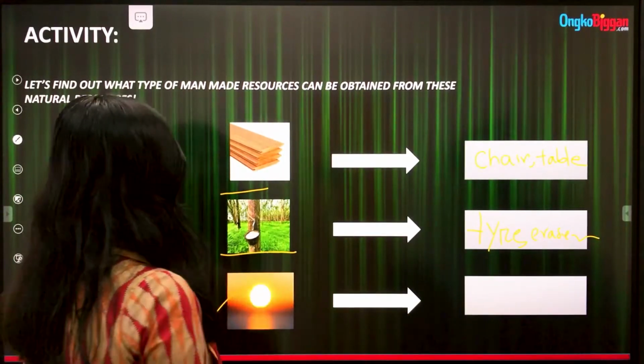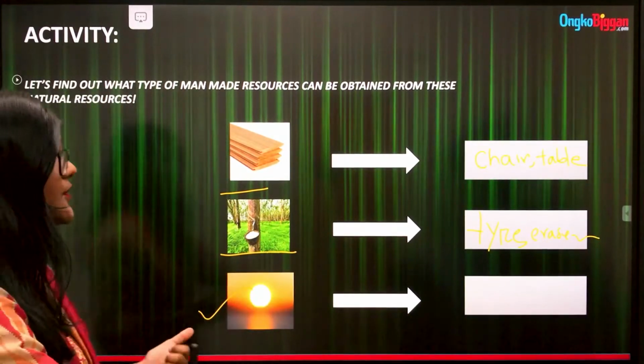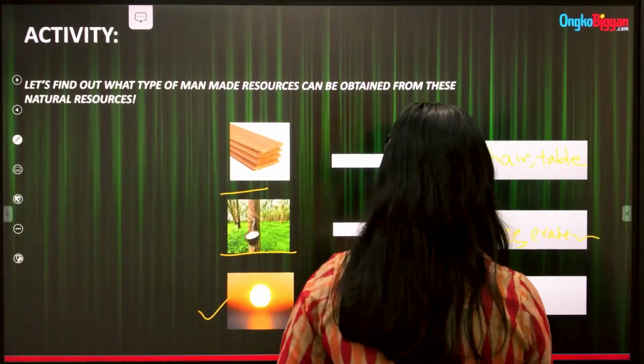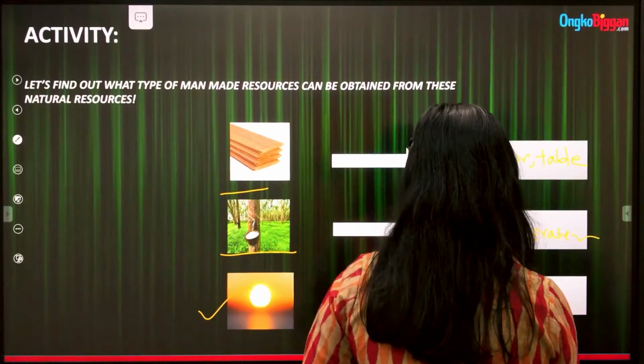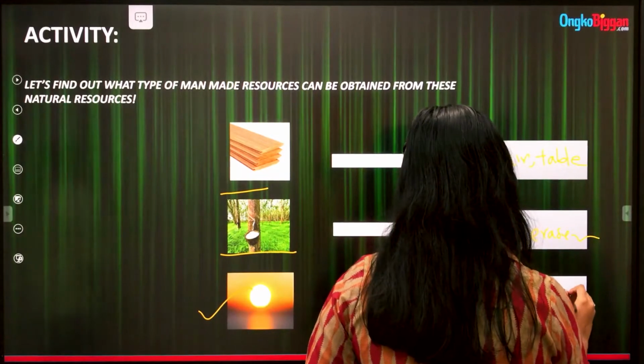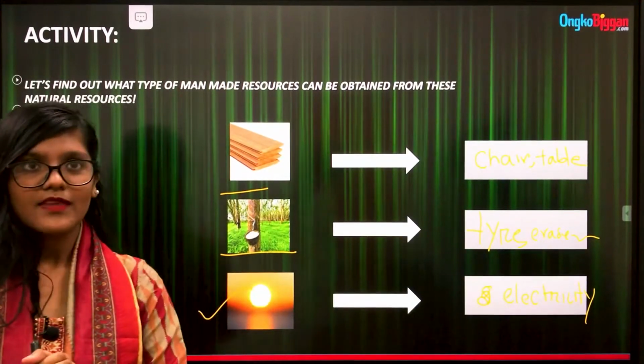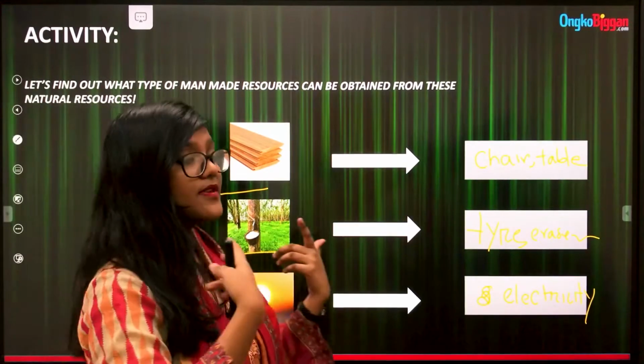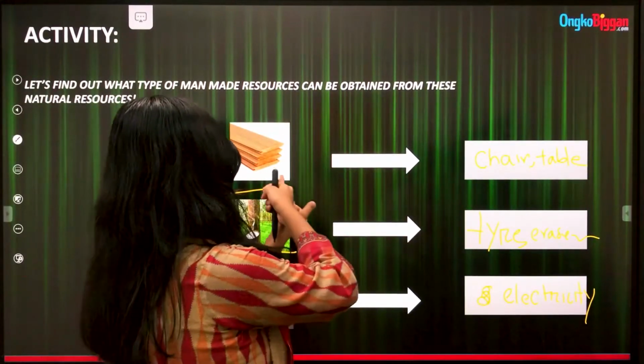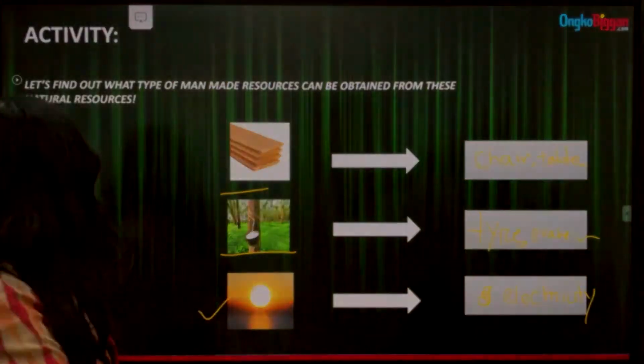Then we have the sun. By utilizing the sun, we can produce solar energy. That means electricity. Several types of man-made resources can be formed from a certain natural resource.